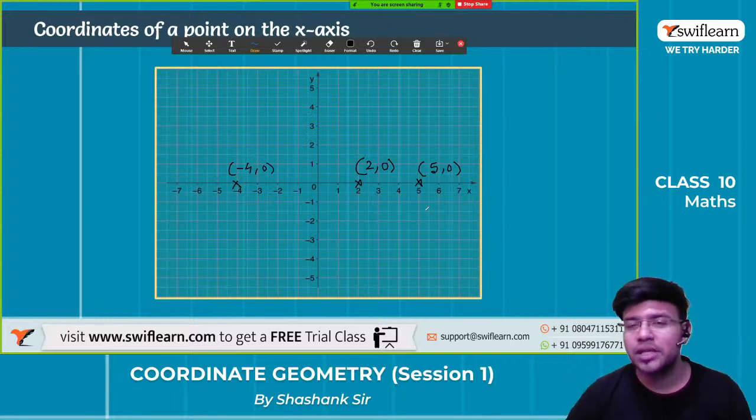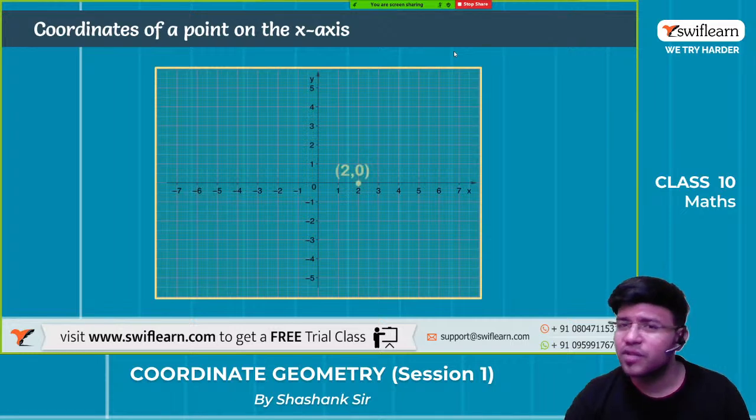So, what observations can you make from these three points? The coordinates of any point on the x-axis are in the form (x, 0), where x is any number on the x-axis.